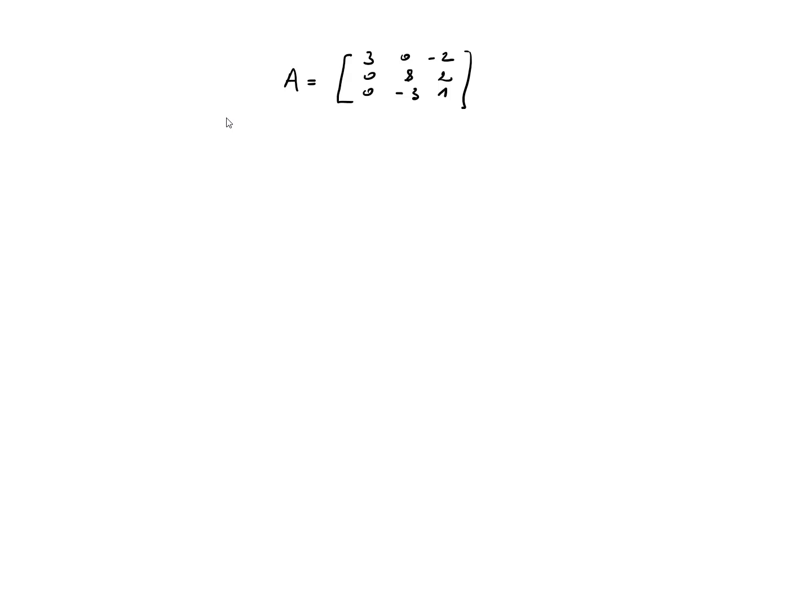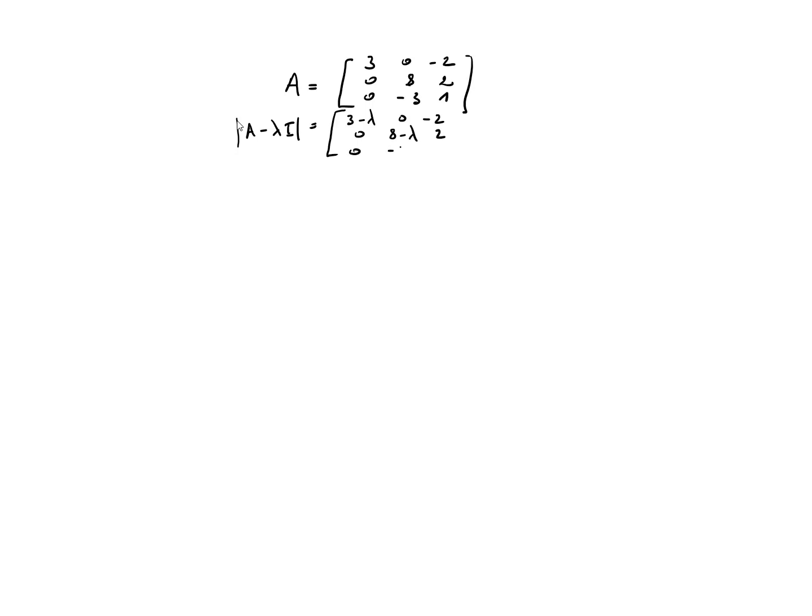So let's first write the characteristic polynomial: 3 minus lambda, 0, minus 2; 0, 8 minus lambda, 2; 0, minus 3, 1 minus lambda. This is a matrix, and here it's a determinant.